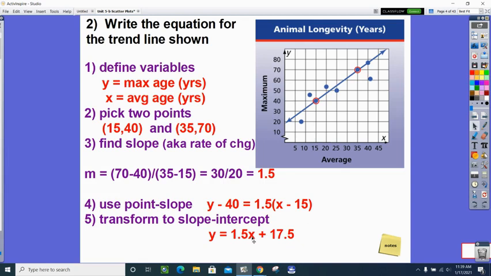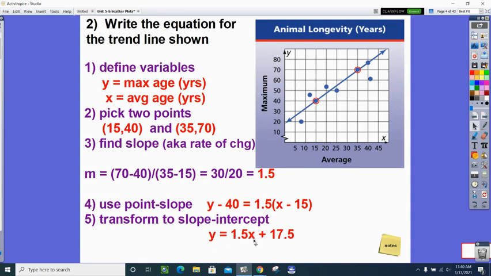So now that we understand the process, let's talk about what benefit this would be. A minute ago, I explained about those giant tortoise that I think they live even longer than this. They would be off the graph. So here, what I'm allowed to do, as you could guess, is I could put in any average age to get any maximum.